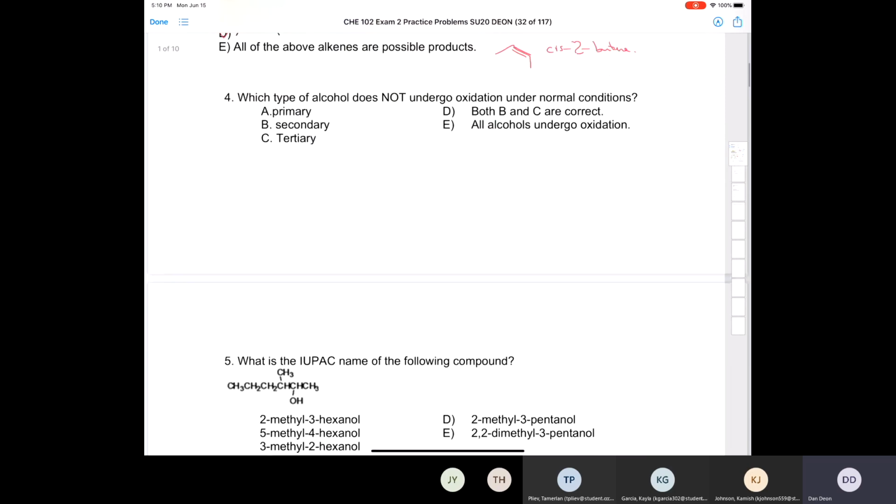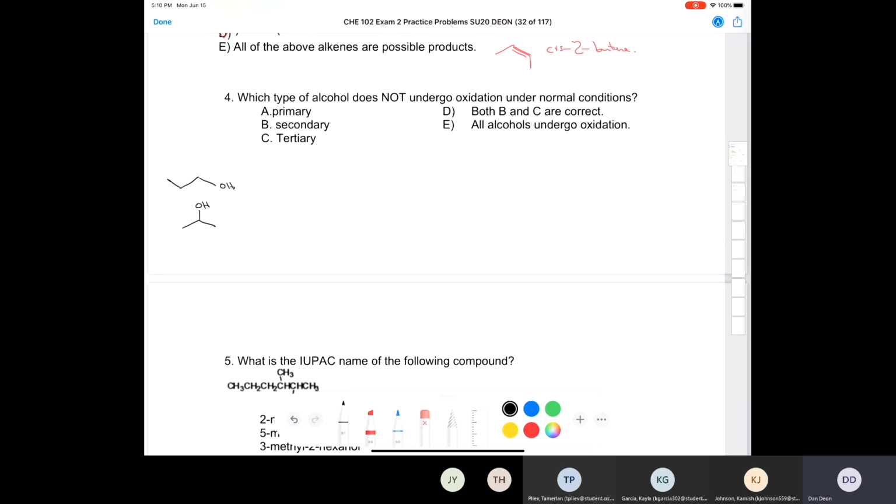It says, what type of alcohol does not undergo oxidation under normal conditions? Who could tell me? Which one is it? The answer is tertiary, right?